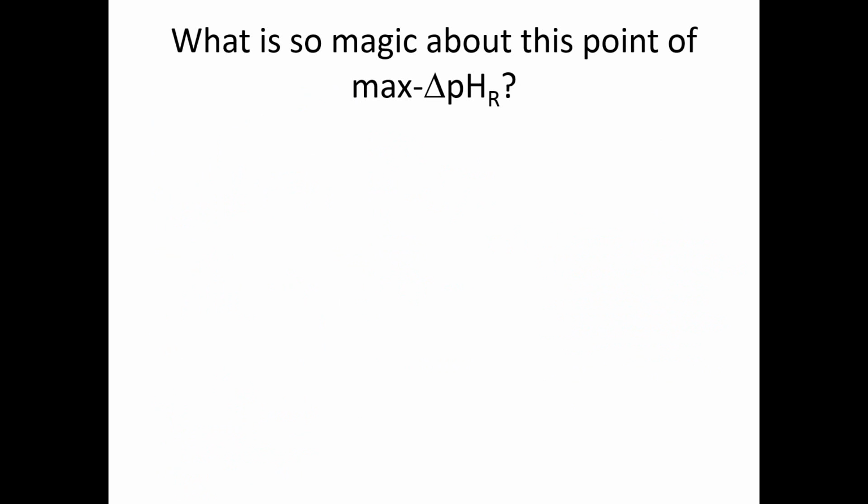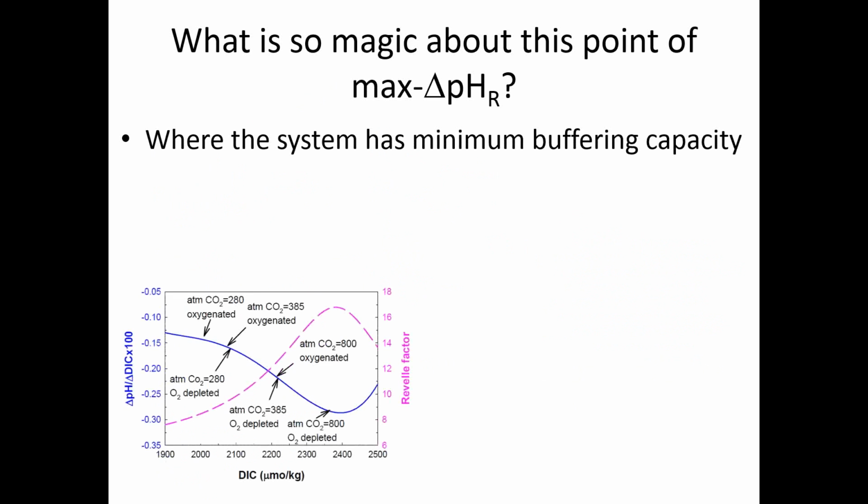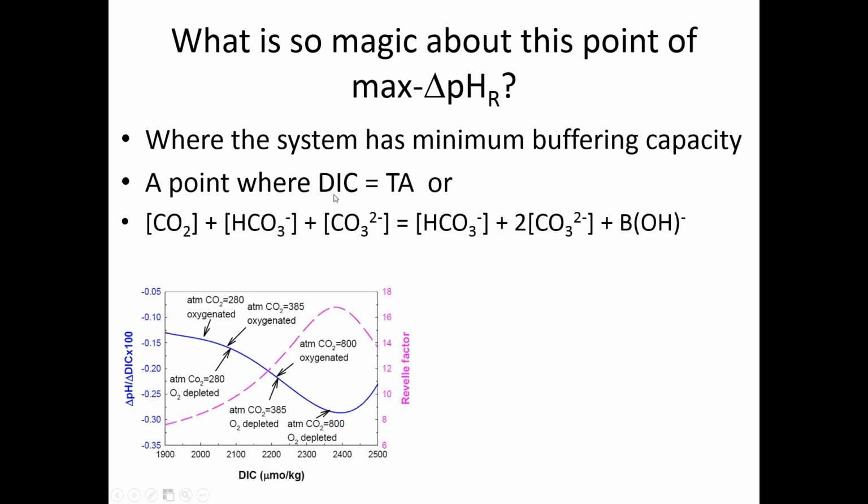So we want to talk a little bit about what is so magic about this point of maximum delta pH. This is really where the system has a minimum buffer capacity. This is a point where DIC increases to the same as alkalinity. A point where DIC equals alkalinity, or if we expand that definition, DIC is CO2 plus bicarbonate plus carbonate, and alkalinity is bicarbonate plus twice carbonate.